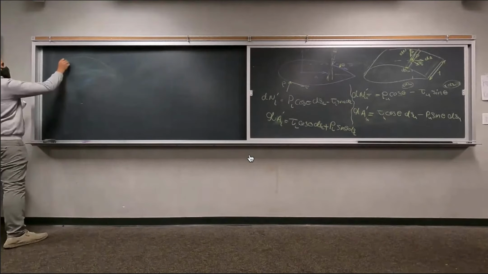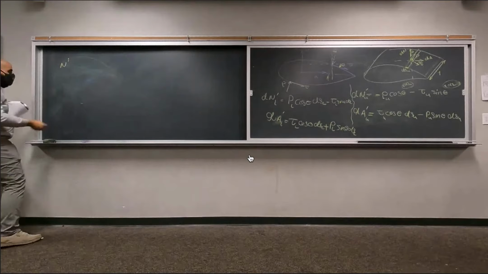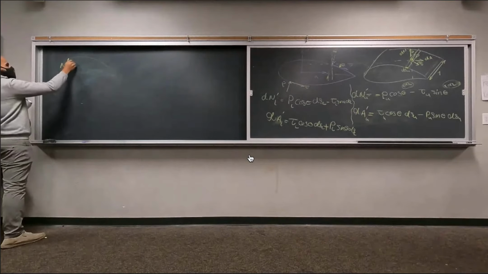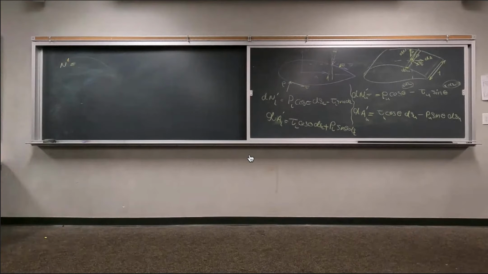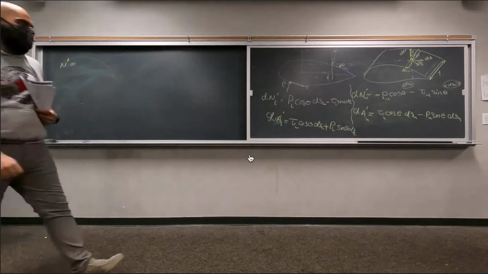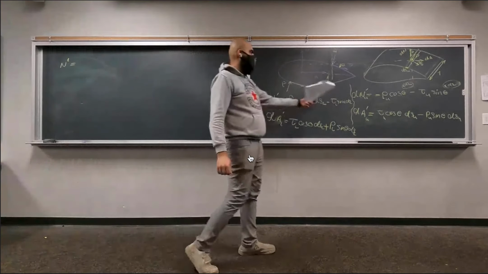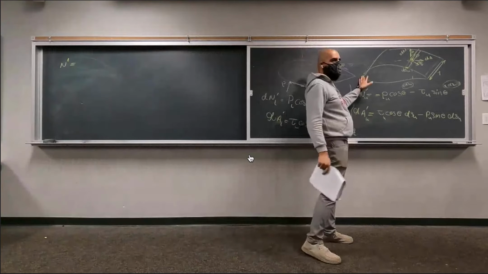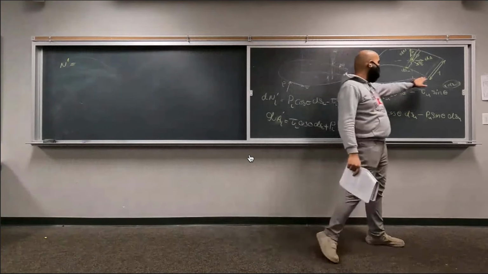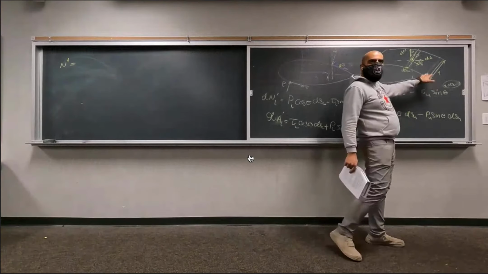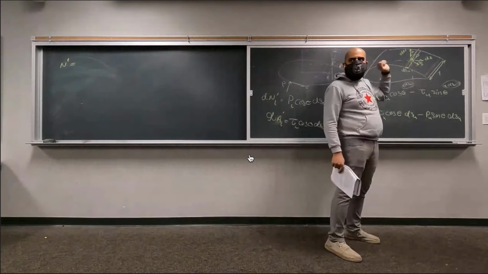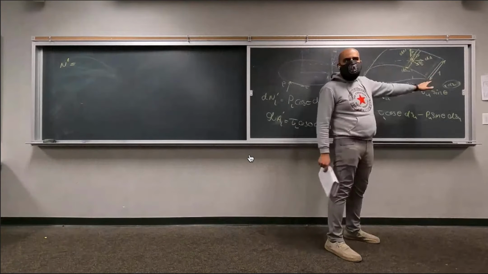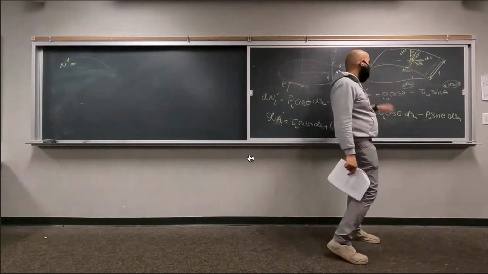Your N prime, force per unit length, is going to be the integral of, let's do the upper surface first, the integral from the leading edge of the airfoil to the trailing edge of the airfoil. Right? Are we all clear where the leading edge and trailing edge are? Yes? Okay.